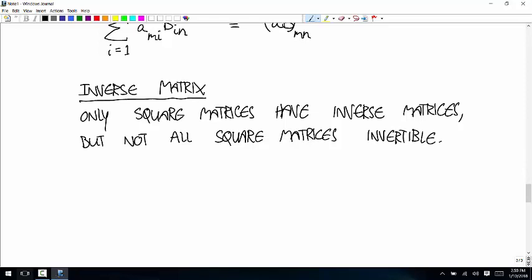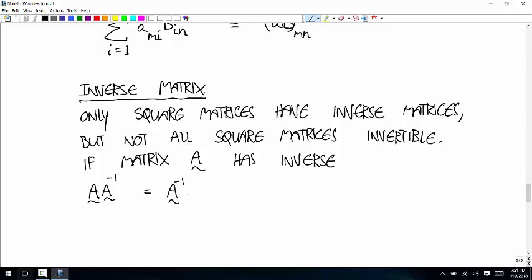But if a matrix A has an inverse, then A times its inverse matrix is equal to the inverse matrix times A. Remember that order matters in matrix multiplication, but in this specific case, it doesn't.